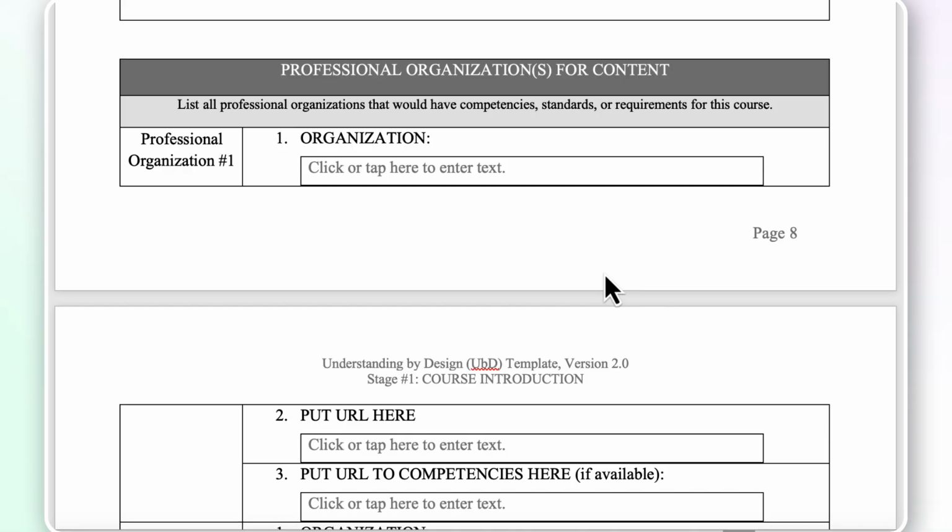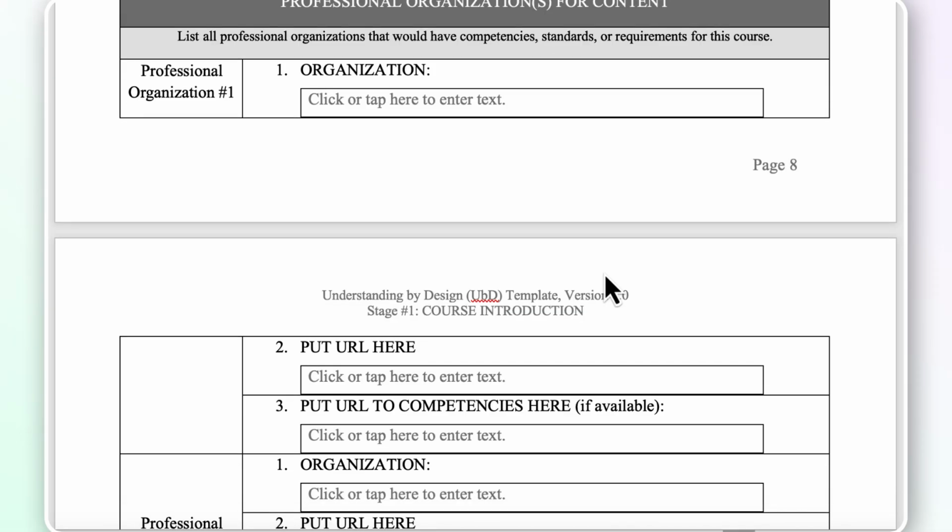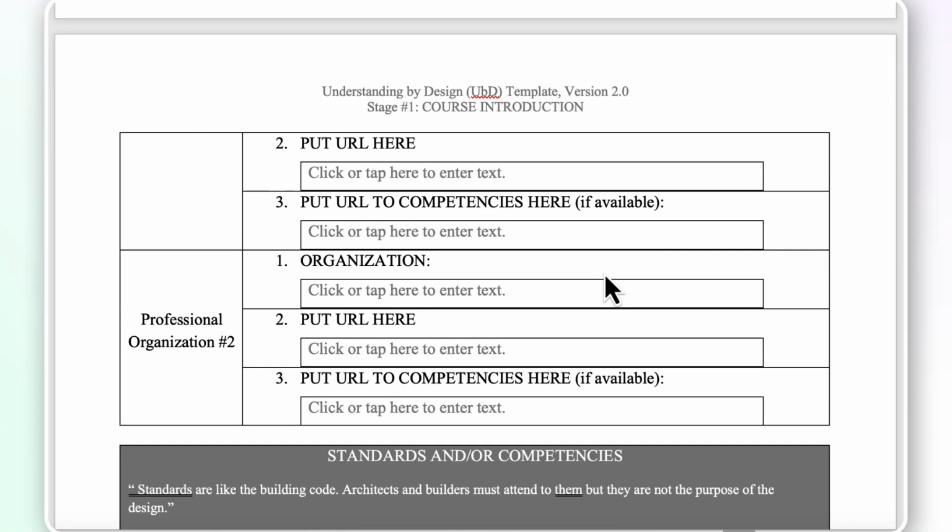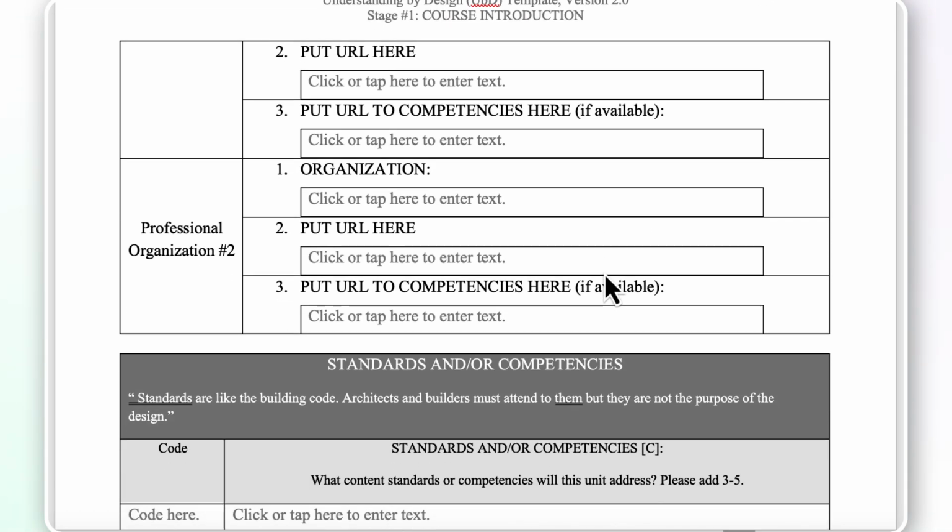Common Core is a state standard that is recognized throughout. This matters because it gives a framework to align the goals of the unit with those larger standards with that organization. So there's space to list a couple of professional organizations there.